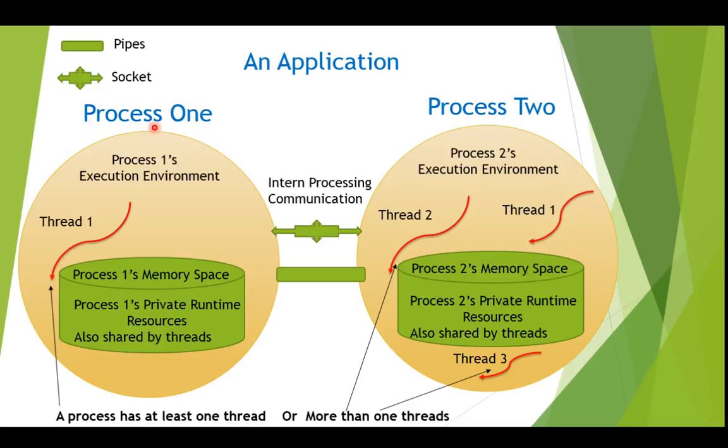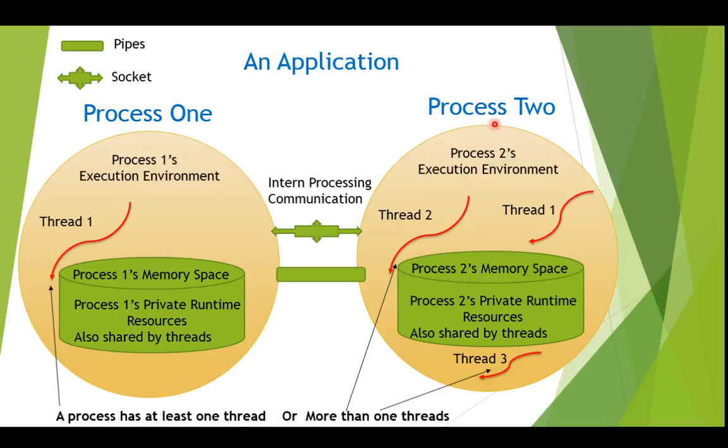Process 1 has its own execution environment and its memory space, and if you create another process, then it will have its own memory space. But it's not the same with threads. Here you can see thread 1 shares the memory space of process 1, and process 2 has two threads, though it has only one memory space.